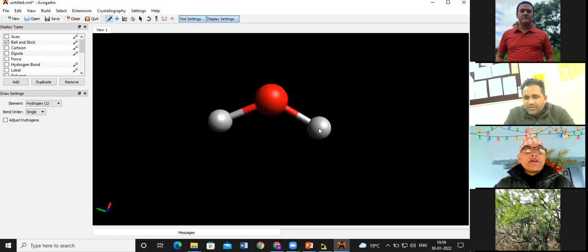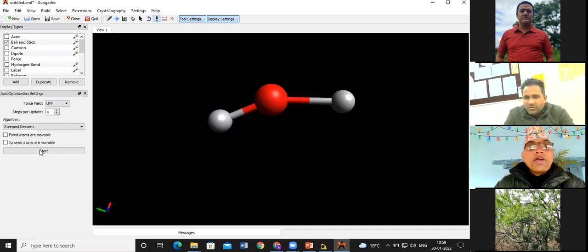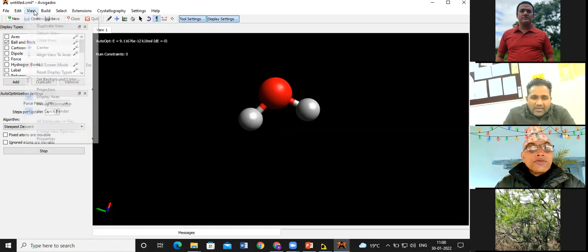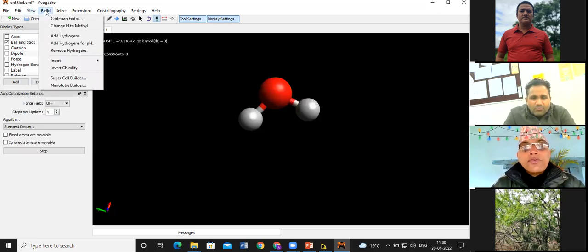Suppose I'm taking the wrong direction. When I go to E and make it this one, it will give the actual shape of the molecule. So through this one, you can build your own molecule like this.